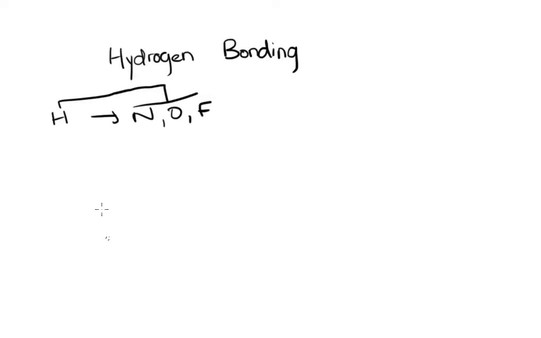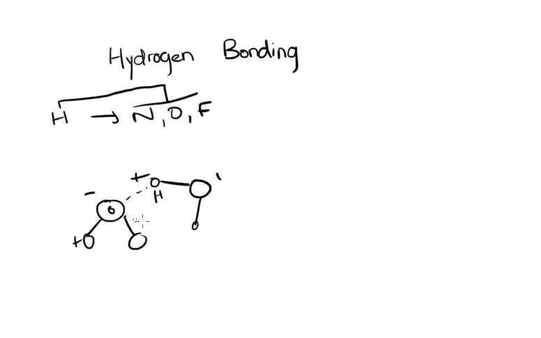So let's revisit water for a second. Water definitely has dipole-dipole interactions. But as you see here, it also has hydrogen bonding, because this is an oxygen, this is a hydrogen.